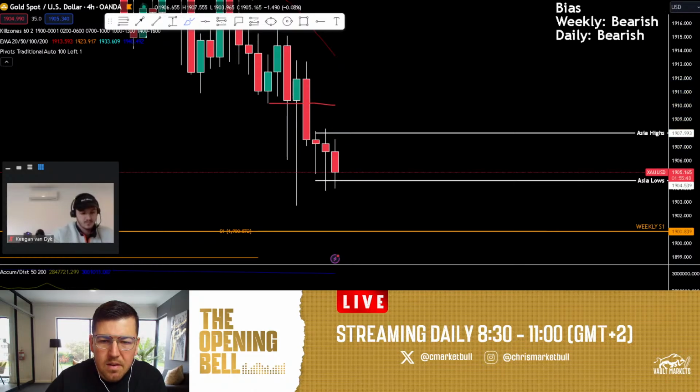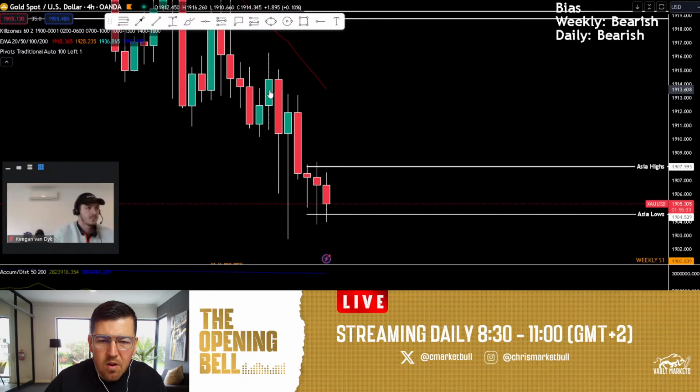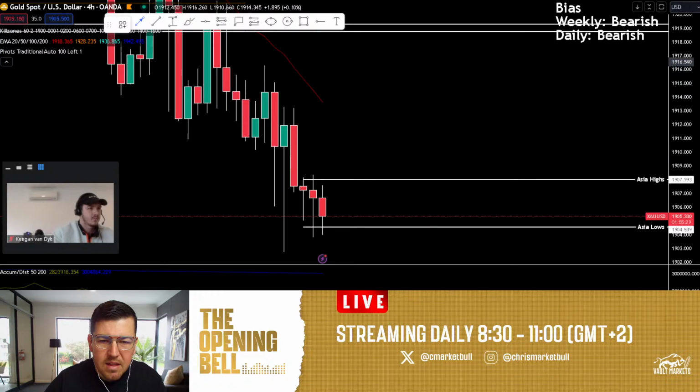And what Keegan was also mentioning, if you look at the 7 o'clock UTC plus 2, or GMT plus 2, the 7 o'clock 4-hour candle is usually opposite to where price is going to go. Like yesterday, for instance, we had this bullish 4-hour candle close, and then straight after that we broke lows and traded lower for the rest of the day.